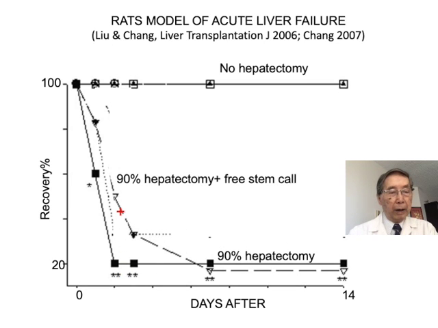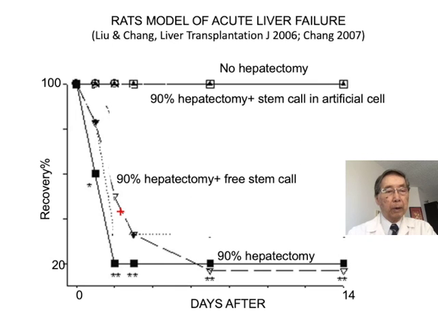Even free stem cells do not work in this particular case because they don't stay in the peritoneal cavity to drain into the portal vein. 90% hepatectomy with stem cells in artificial cells results in recovery of the animal.